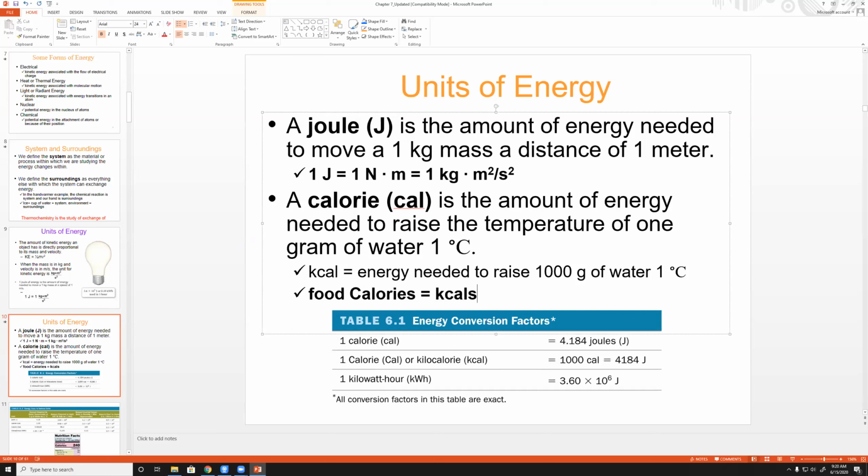Yes. Okay, great. So the food calorie has a capital C, and this means kilocalories, same exact thing. If you say your drink or your snack is 100 calories, that means it's actually 100,000 of these lowercase calories. That's weird.